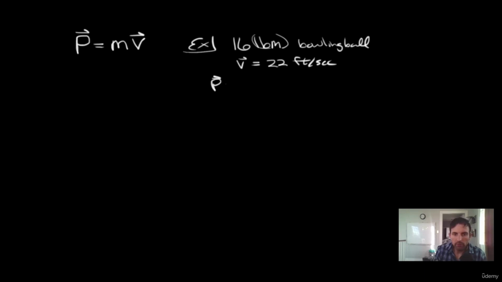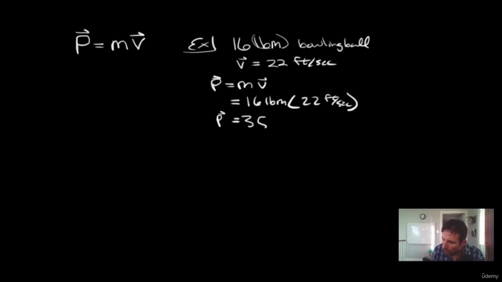The momentum equals the mass times the velocity, which would equal 16 pound mass times 22 feet per second. Momentum equals 352 foot-pound mass per second. So that's the momentum. Very quick and easy example.